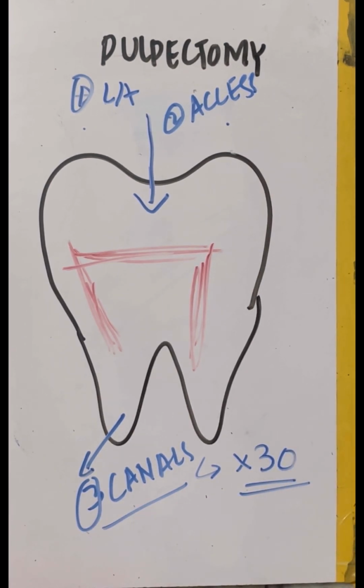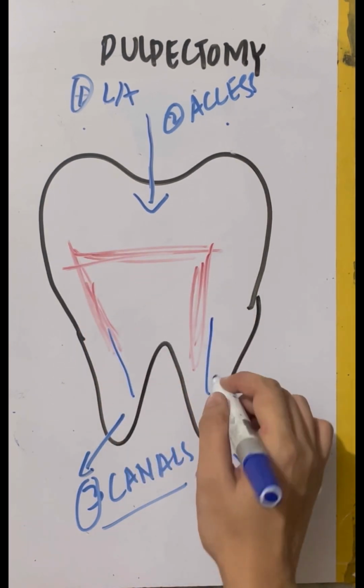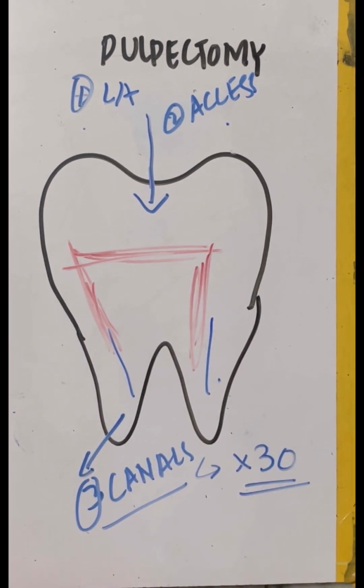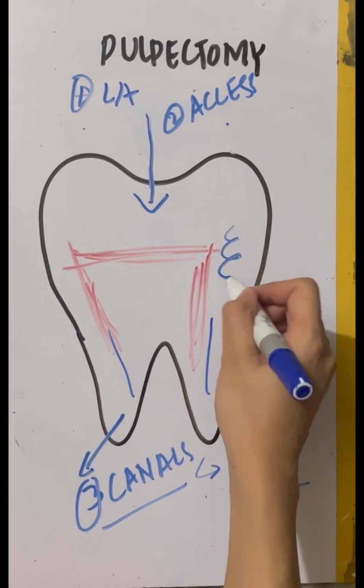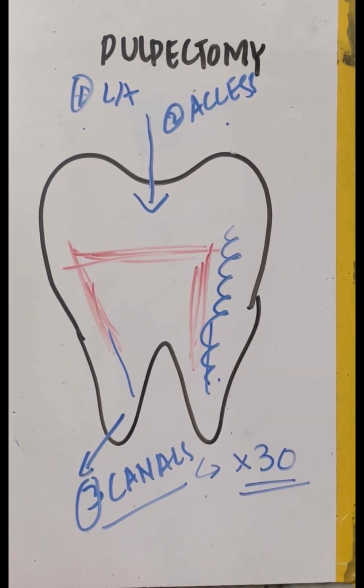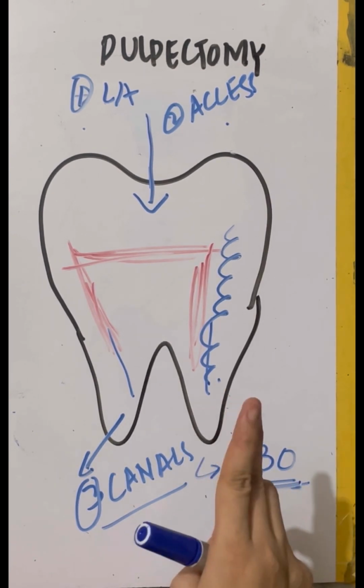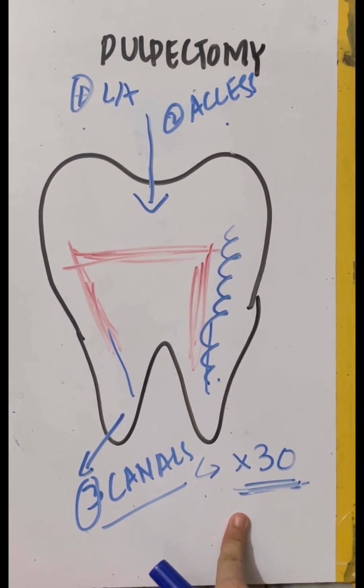We will irrigate the canal with 0.5% sodium hypochlorite solution and normal saline. We will dry the canals with paper points. Then we will select the spiral root canal filler, 2 sizes smaller than the last file we used. It means it will be 2 sizes smaller than the number 30 file.